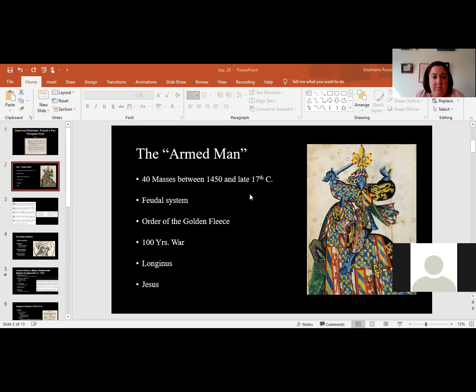So the Missa L'Homme Armé relies on this idea of feudal society. Remember that in the Middle Ages and Renaissance, titled nobles were part of a hierarchy of vassals who owed loyalty to everyone above them. So if I'm a knight, then I owe loyalty to a whole series of nobles above me, each ranking higher than the last.